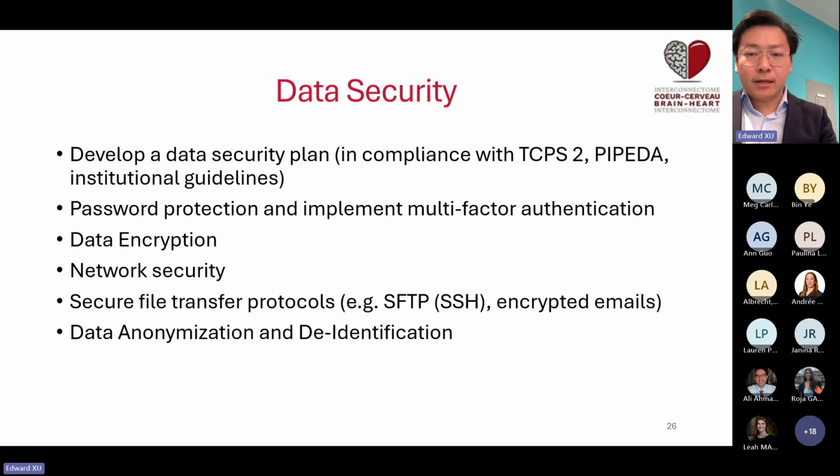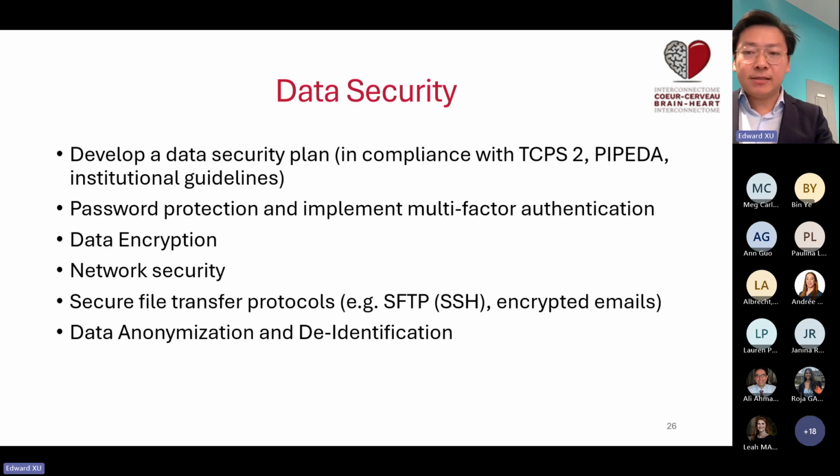And if possible, protect your network using firewalls, secure routers, and VPNs for remote access. And you want to keep your software, operating system, and devices up to date to prevent any vulnerabilities or potential attacks.